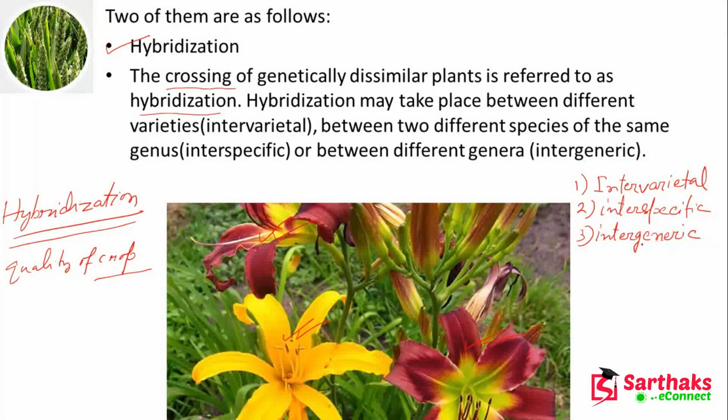Okay, we are taking two different genera, then we can make the hybrid crop, or we can make the hybrid species. Another thing, we can take two different species of the same genus, then we can make also the hybrid species. So hybridization also we can make using two varieties also. So we can have the hybrid species by using intervarietal, interspecific, and intergeneric.